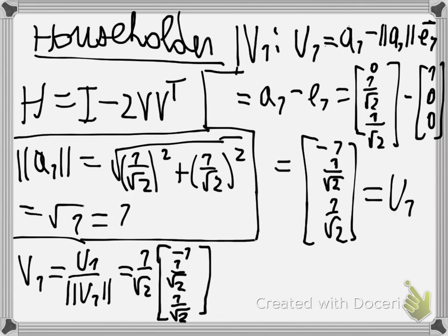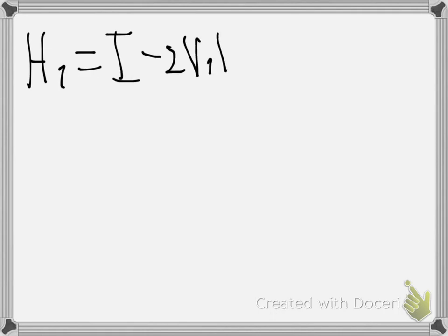And so that's V1. So now I can find the first Householder transformation, which will be given by the identity matrix minus 2 times V1 V1 transpose.